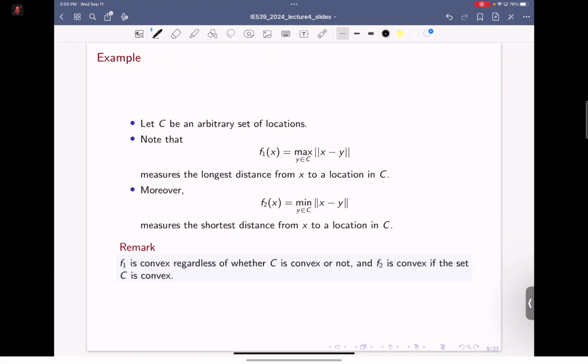Okay. So x minus y, this is unknown, and we know that this is convex in x for any fixed y.